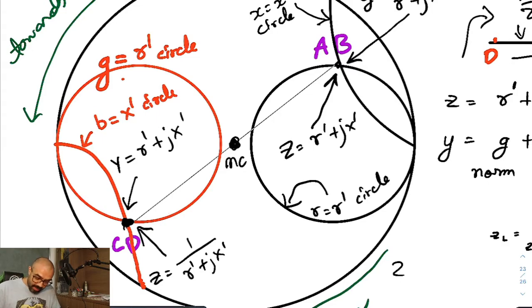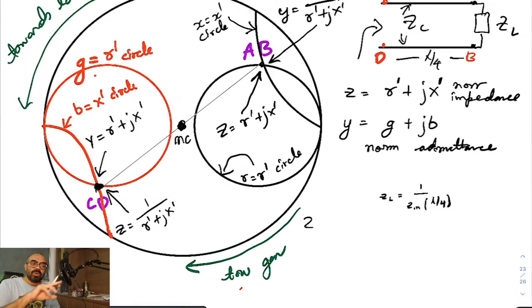Why diametrically opposite? Remember, if I complete one circle on the transmission line, I'm going to reach a distance of lambda by 2. So if I complete half a rotation, which is the same as going to the diametrically opposite point, I'm going to achieve lambda by 4 translation.